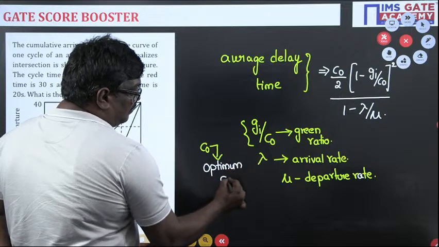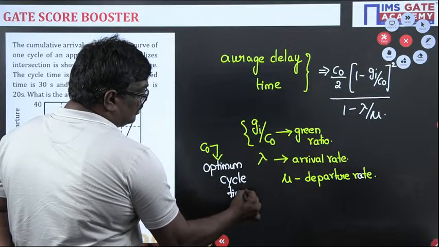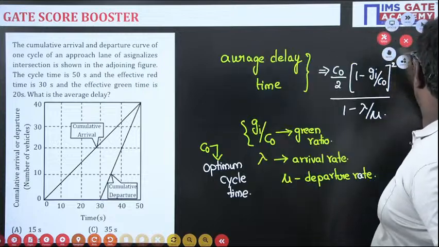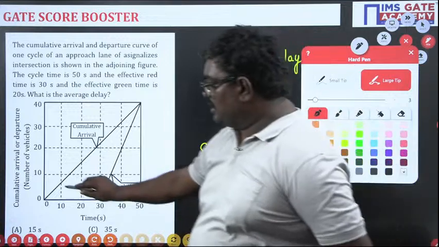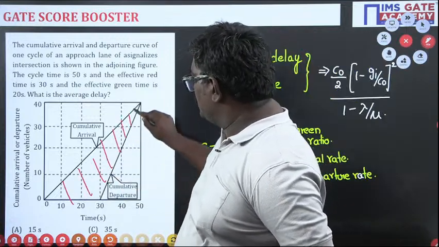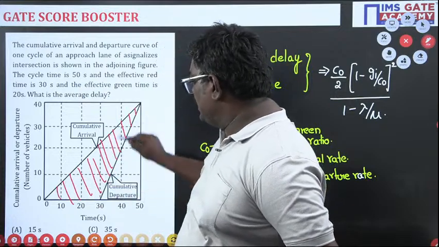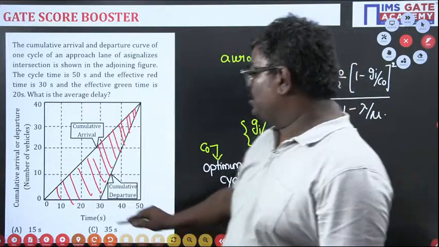But in the problem, they have asked you what is the average delay. So this area you have to find out, whatever area you have here. How to find out this area?